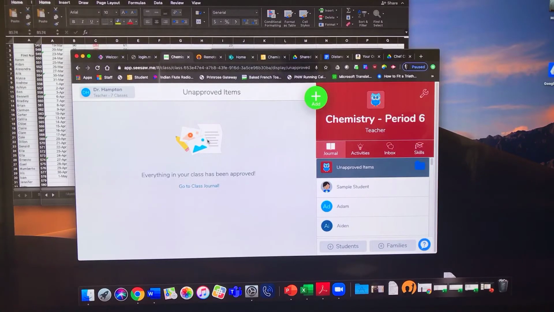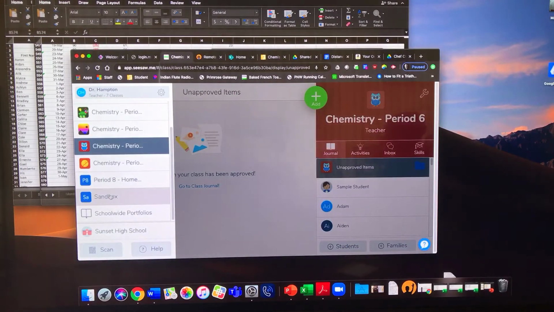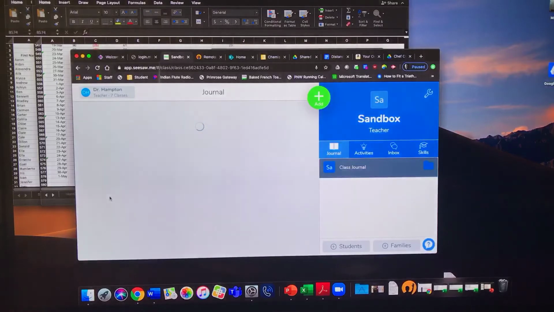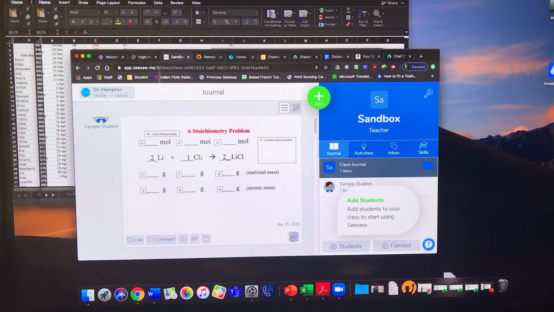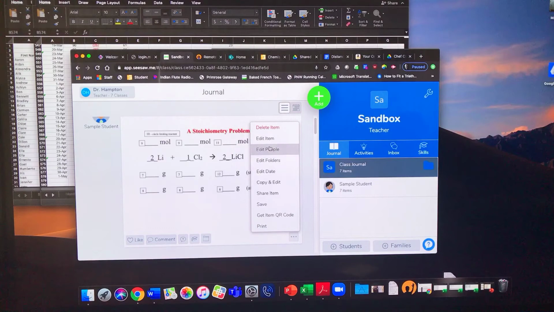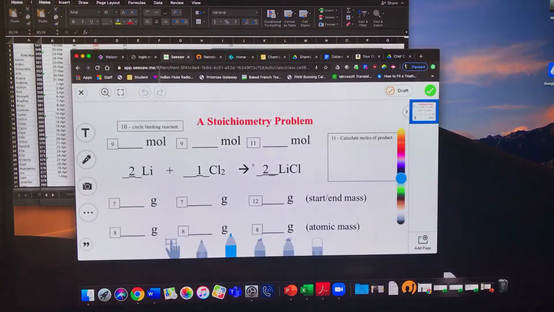All right, I'm going to move over here to Seesaw so that you can see what I'm doing. Rather than period 6, I'm going to go to my sandbox, which is where I tend to work. And I'm going to bring up this one, yeah, let's edit that one. All right.